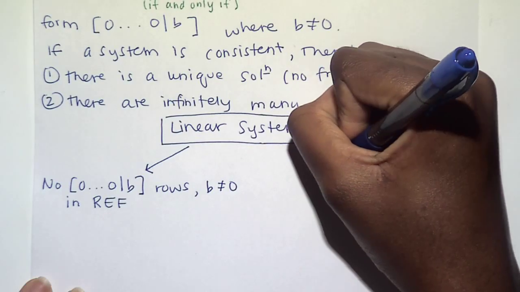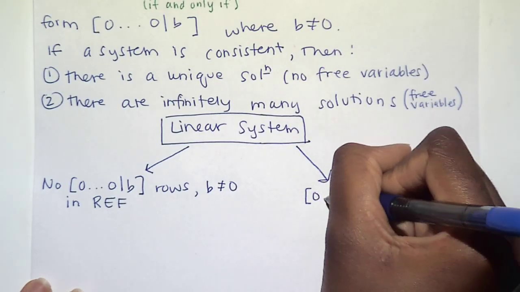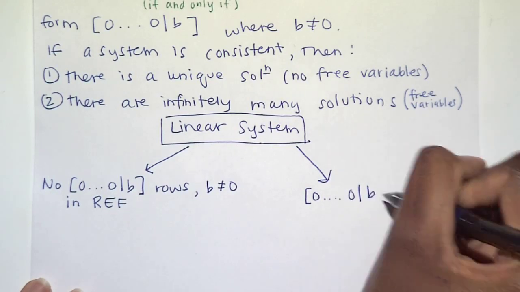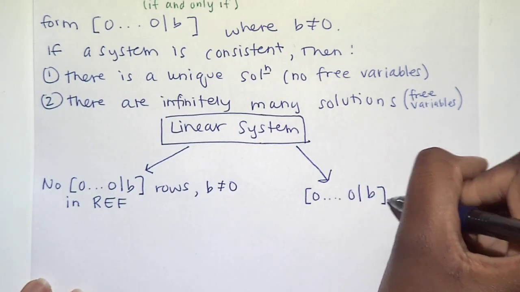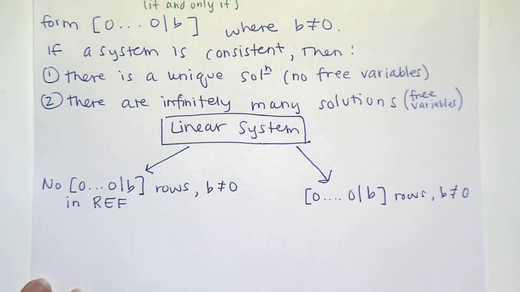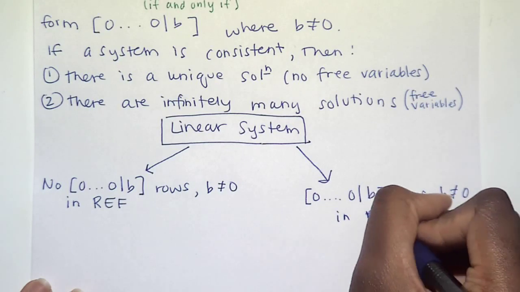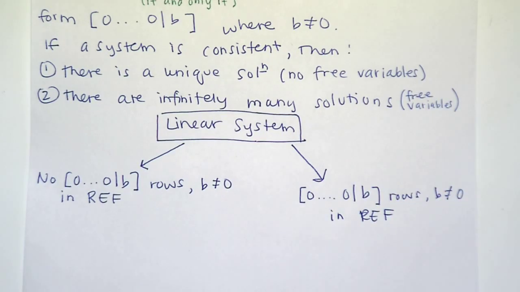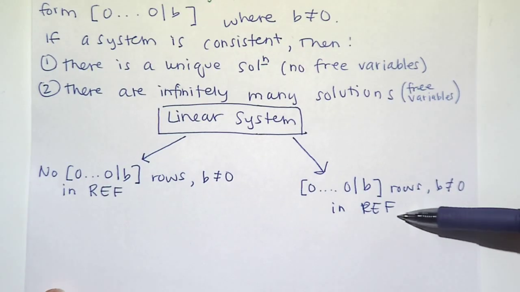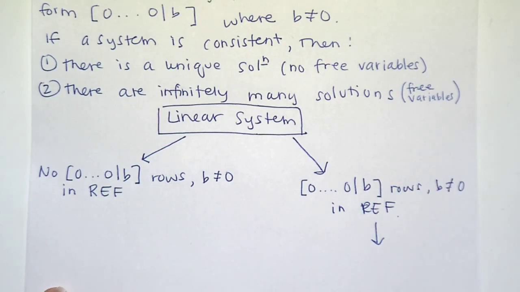Or we do have that situation. Zeros set equal to something that's not zero. All right, so these are the only two options, consistent or inconsistent. All right, so if we are inconsistent, then we know we're going to get no solution.